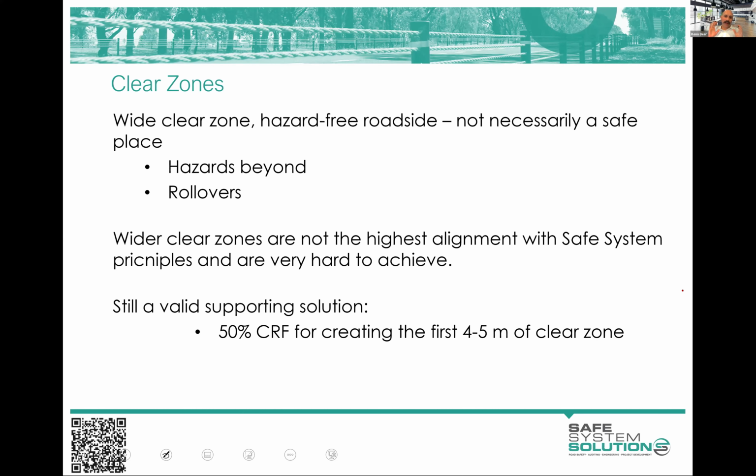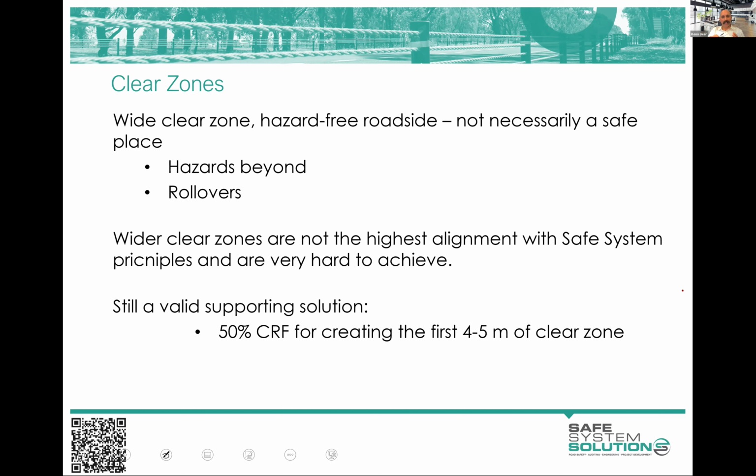Now, if I was running this session 10, 15 years ago, I would say that's the best we've got: to clear it out, clear free of hazards. But now I say we actually have amazing barrier technology. It used to be that putting a G4, a W-beam system, in came with its own risk, right?